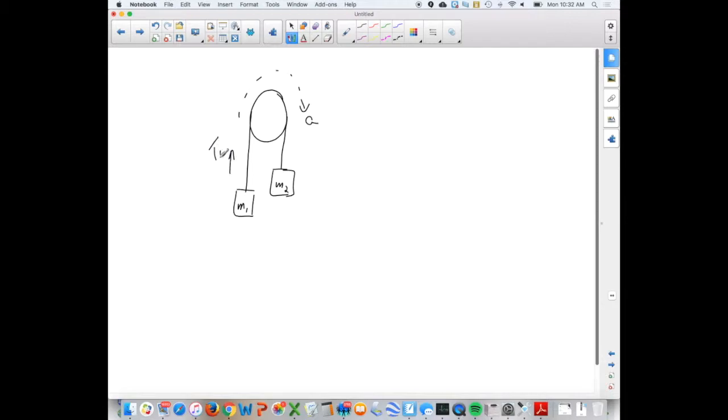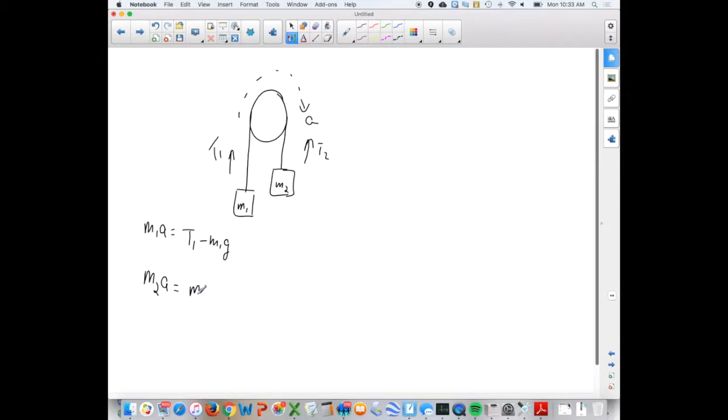We have a T1 up, we have a T2 up, and again, I just write my equations. M1A is going to be T1 minus M1G, because I've assumed acceleration is in the clockwise direction.